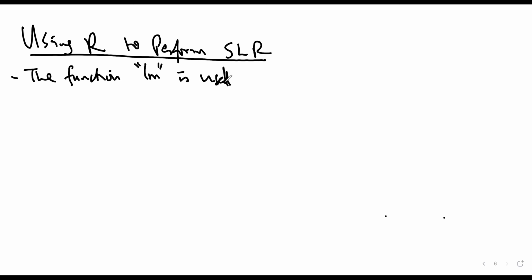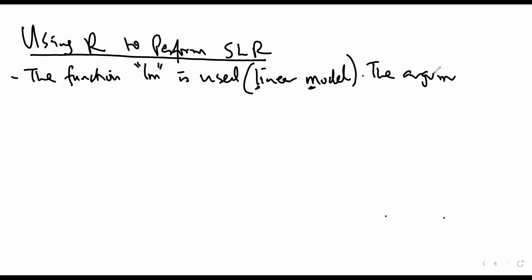As long as it's a linear model, we use LM. So LM is just linear model, that's where the L and the M come from. And the argument to this particular function is a model formula.